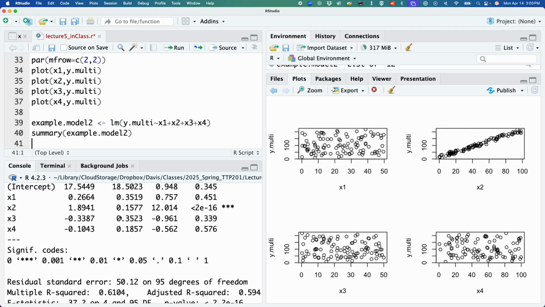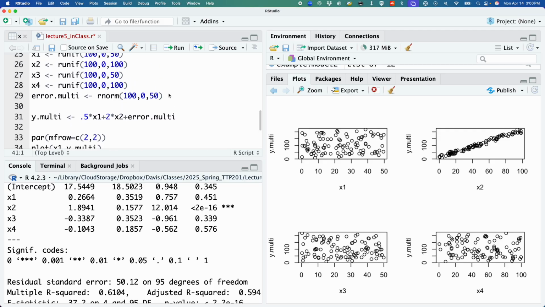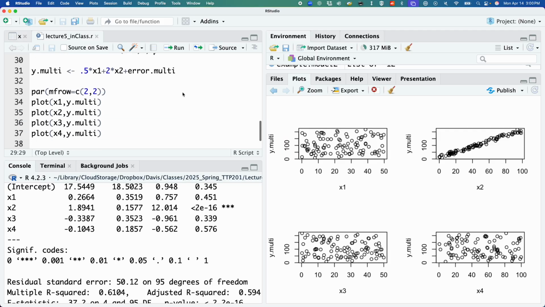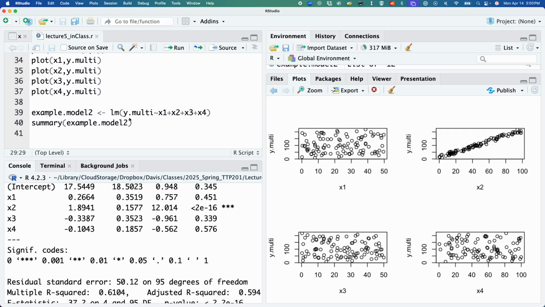But if I look at the standard error of my coefficients, they're still encompassing the true values. So I wouldn't necessarily say that this model is totally bad. Okay, anyways. Any questions on that?